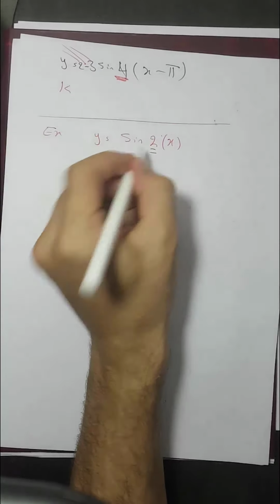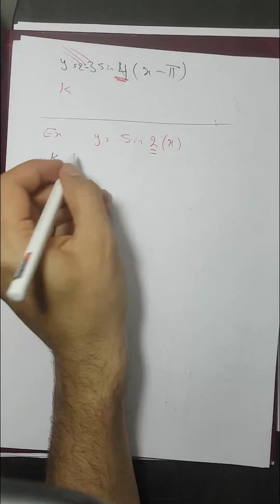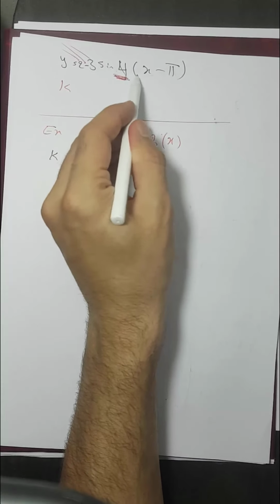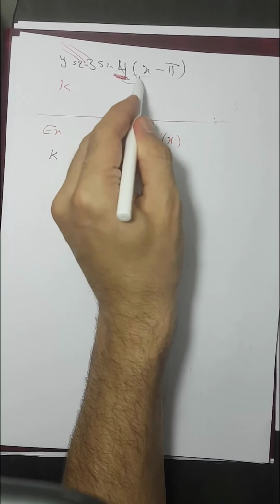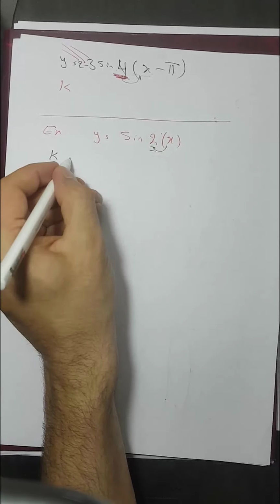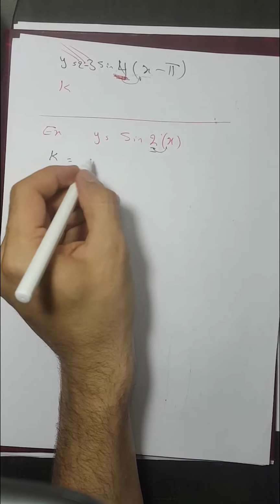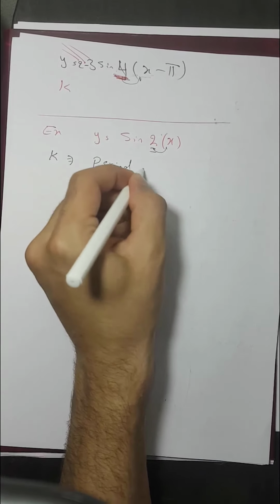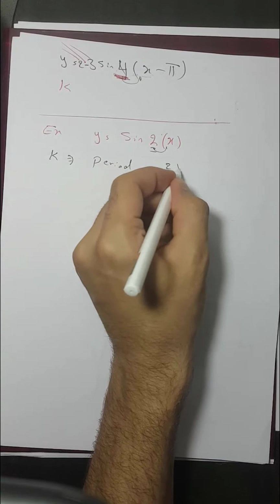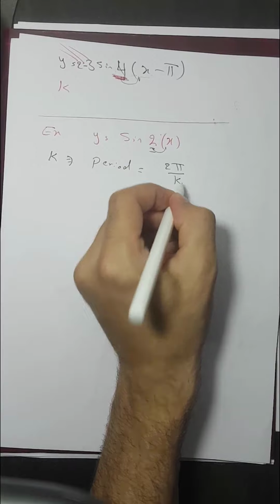This number k is in front of the brackets, multiplied by x. So this k is for the period. How do we say it? Period is equal to 2 pi, as mentioned in your lecture note, over k.